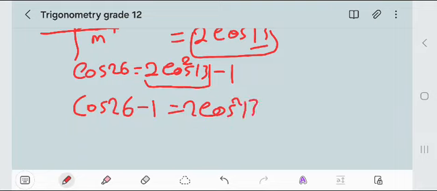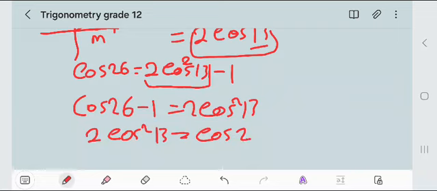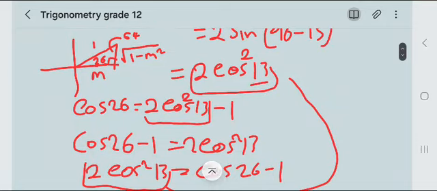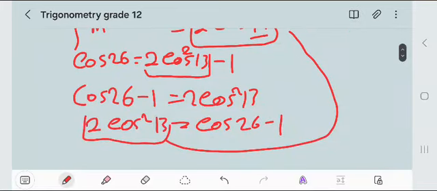Written in a nice form, 2 cos squared 13 equals cos 26 plus 1, for argument's sake.